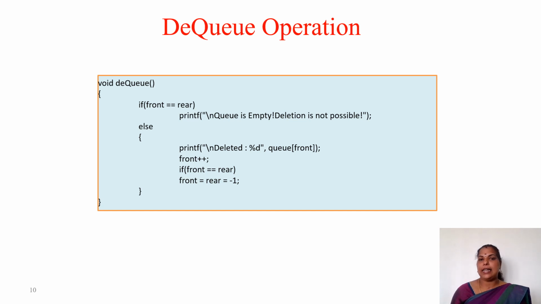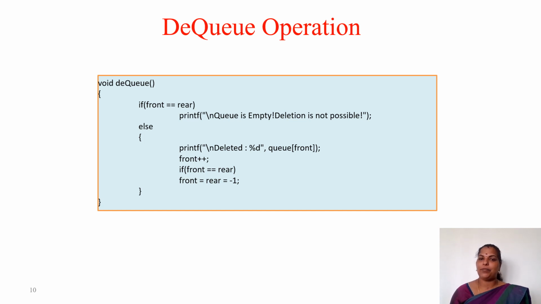Next is the deletion operation. For deletion, we have to check whether the queue is empty or not. We have one condition for that, front equal to rear. If this condition is true, that is, the front and rear are in the same position, we say that the queue is empty and deletion is not possible.